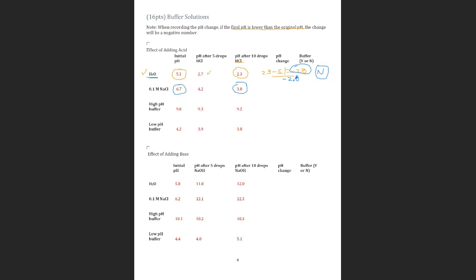Then after you add 10 drops of acid, the pH is 3.8. So the pH change, how much it changed, will be final minus initial: 3.8 minus 6.7. You will have different data. Each one has different data. For me, exactly, minus 2.9. That's a big difference in pH, almost 3 points.